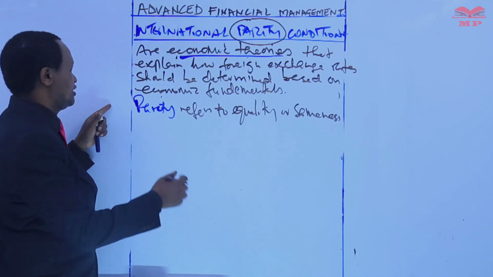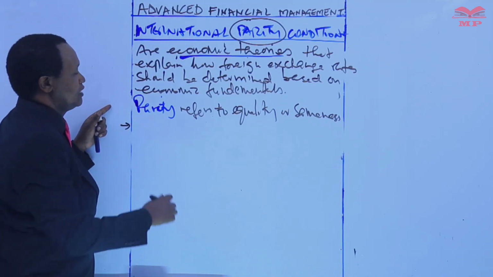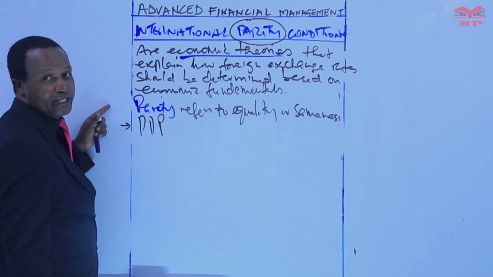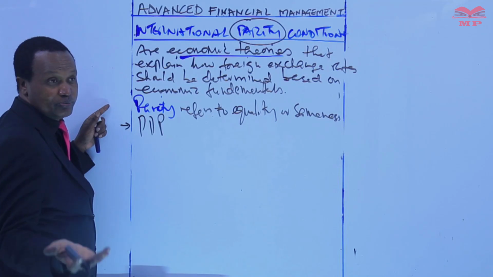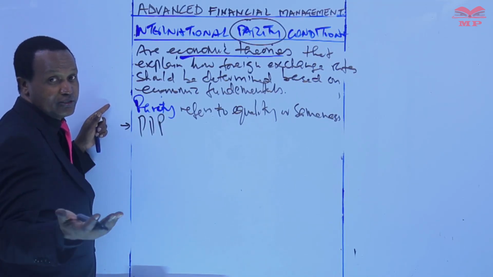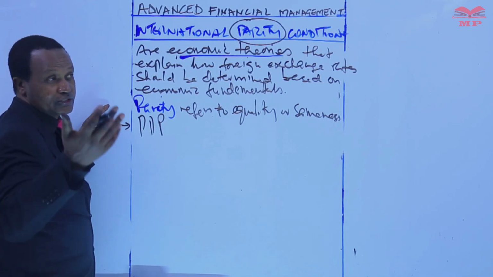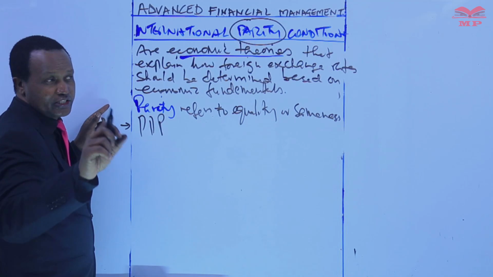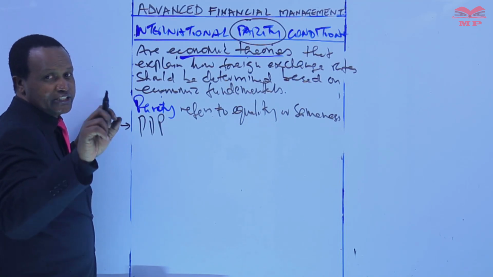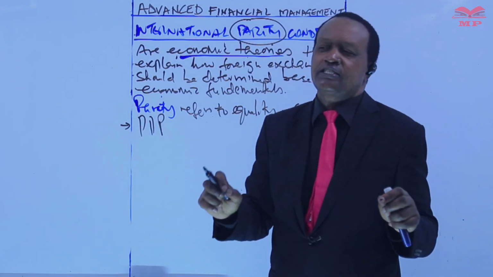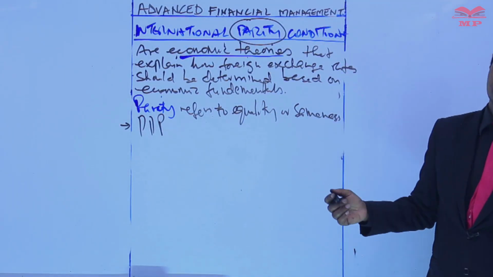For example, you may have an example in economics, the PPP, purchasing power parity. I know you covered this in economics at the foundation level. You know what purchasing power parity is all about. It refers to the idea that exchange rates should adjust to equalize the purchasing power of currencies in different countries.